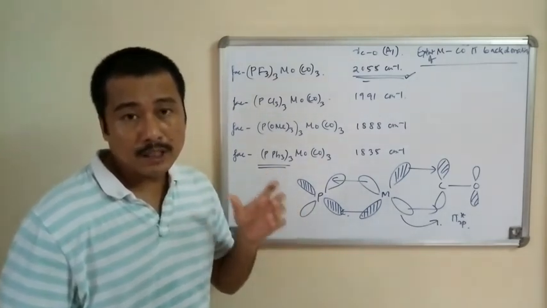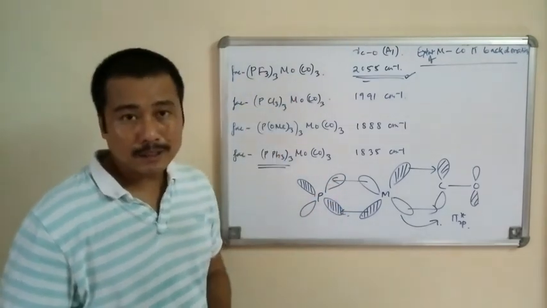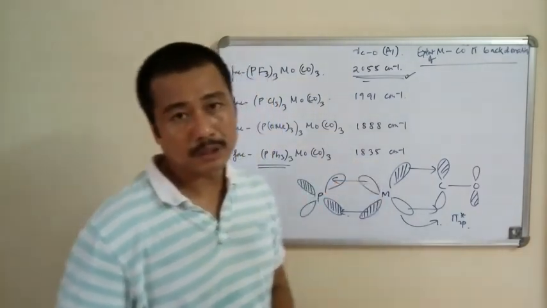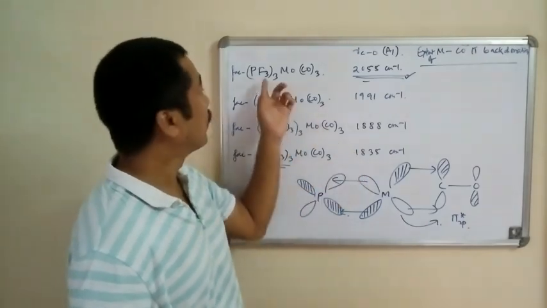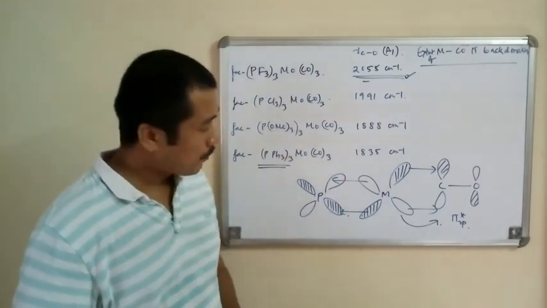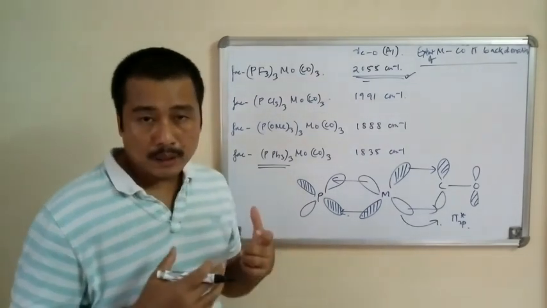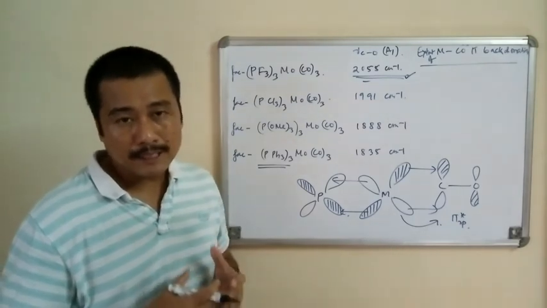The CO bond order decreases significantly as compared to what you see for better pi acceptor co-ligands, and that is why the CO stretching vibration appears at lower wave number as compared to the PF3 complex.